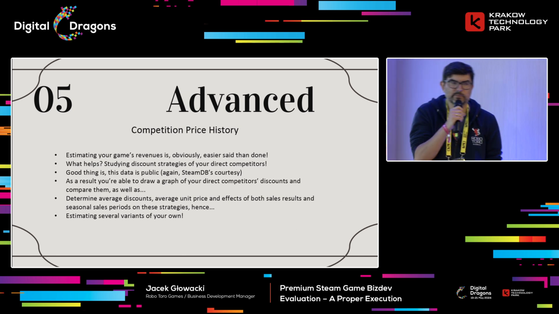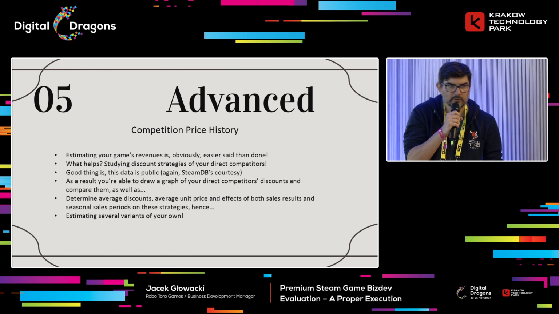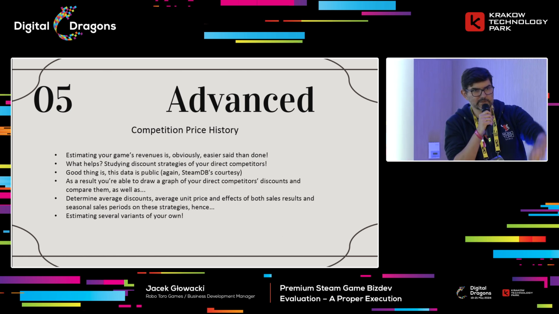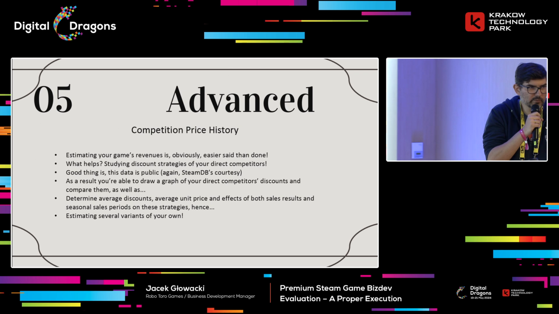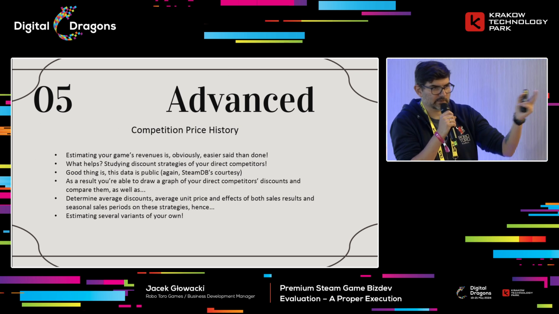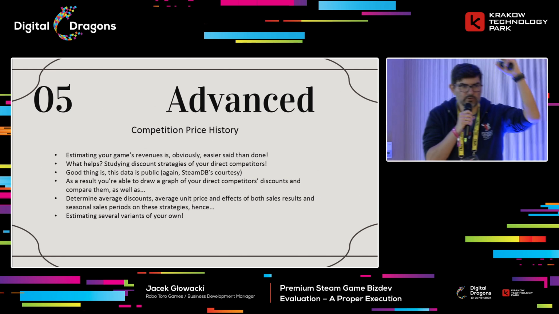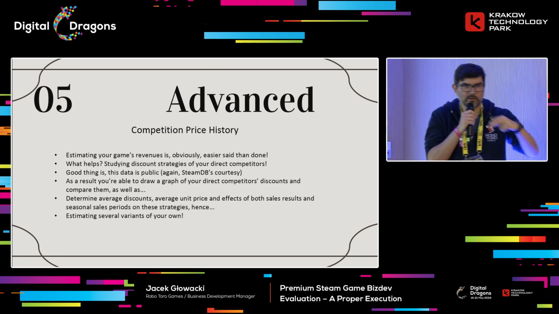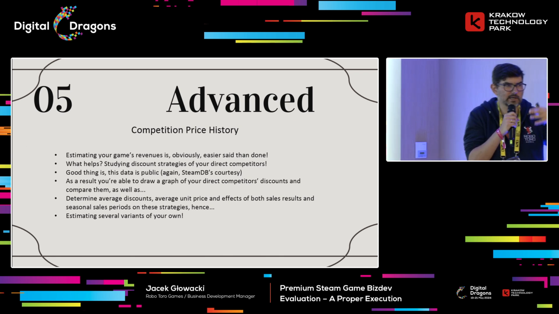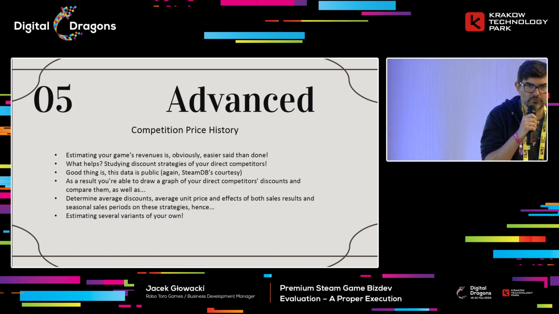Again, you go to SteamDB, you go to a game, you go to its price history, you zoom out to see the whole history of the prices, and then you're able to generate a column in Excel. Again, Excel is my best friend, sorry about that. You put a column, you go through intervals. An interval might be seasonal sales, the time between seasonal sales. It can be a month, it can be a week, it can be everything that works in general.